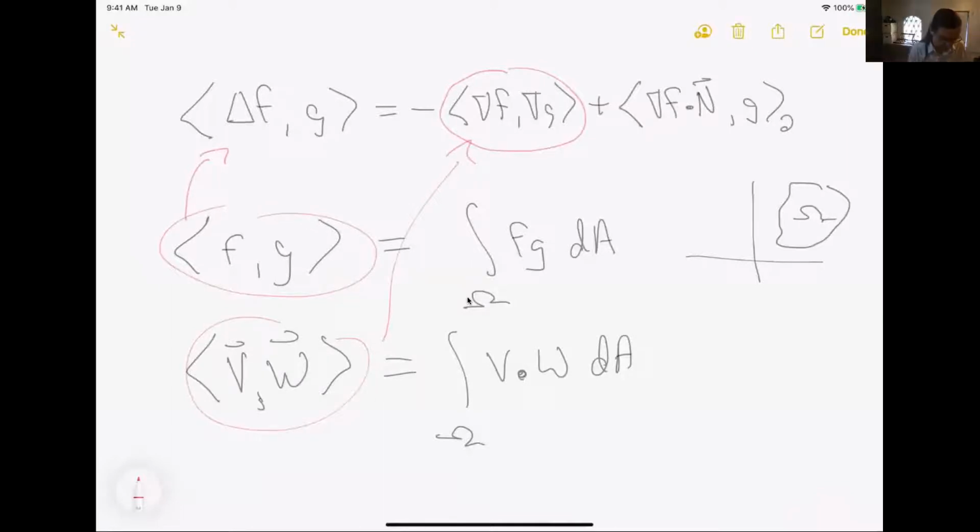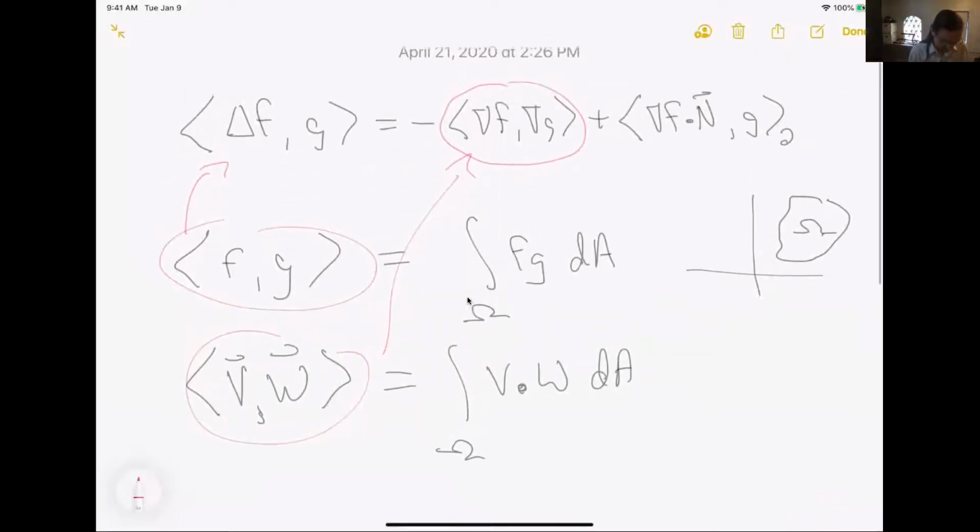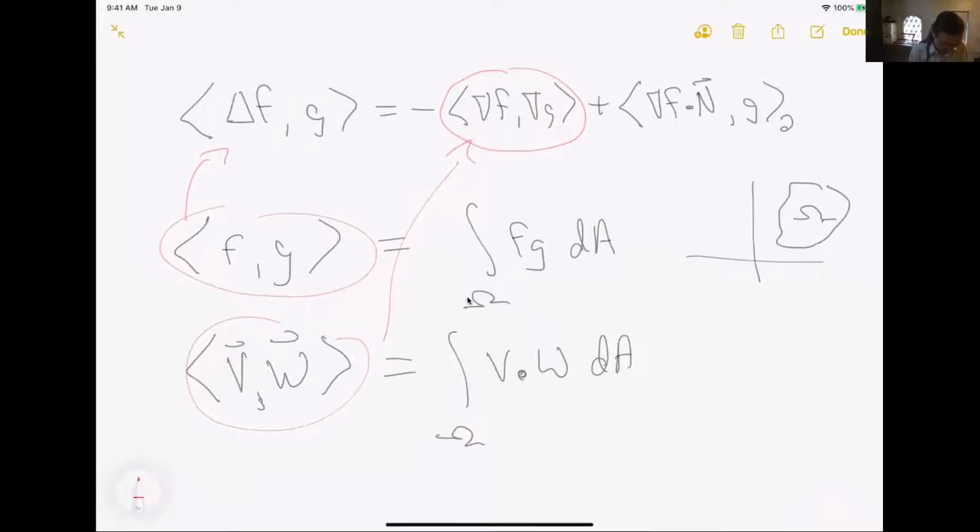And then there's one more thing to understand, that this boundary operator on the bottom means we're integrating over the boundary of omega. Again, those are two functions, but n there is the outward pointing normal at the boundary. So we're integrating the gradient of f dot n.